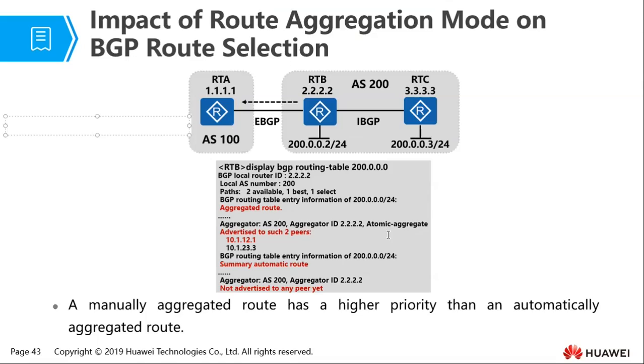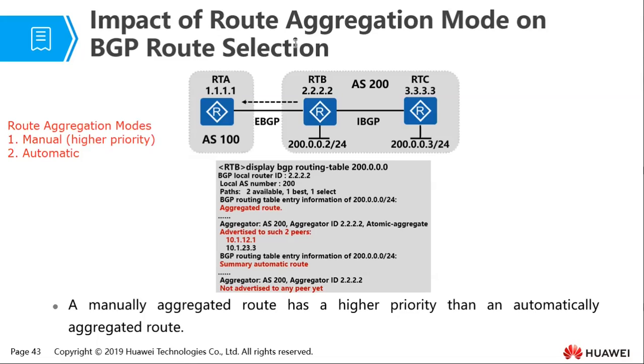So here, aggregation modes. We have two aggregation modes: manual aggregation mode and automatic aggregation mode. Now, generally, manually aggregated routes have a higher priority than automatically aggregated routes, automatically summarized routes.